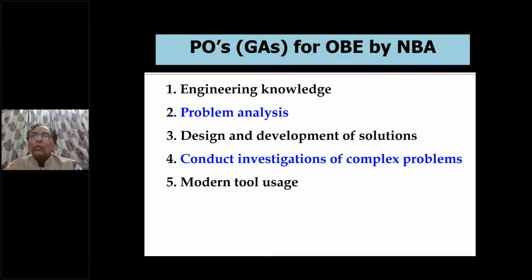So can some of you who have a lot of exposure to this accreditation process and program outcomes write down one of those non-domain specific program outcomes in the chat box? 20 seconds for you.